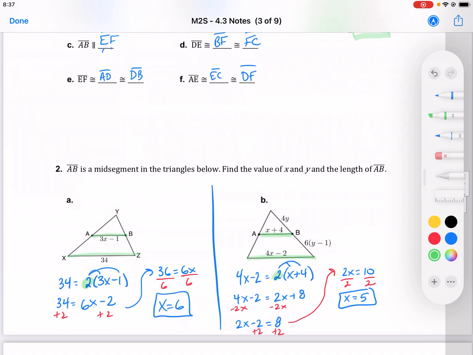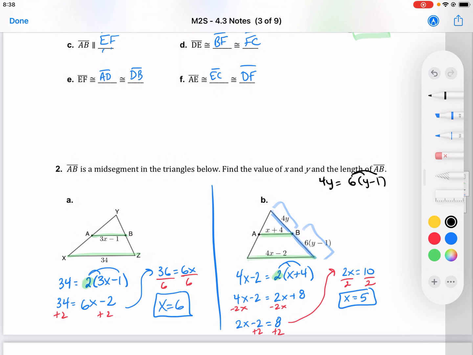Okay, so a big key for both of these, if you're doing the midsegments, is that you're going to multiply the smaller one by 2. That's not what's going to happen on these others, because remember, B represents the midpoint. So 4y is actually going to be the same length as this 6 times y minus 1. I'll do it in a different color and just say 4y equals 6 times y minus 1.